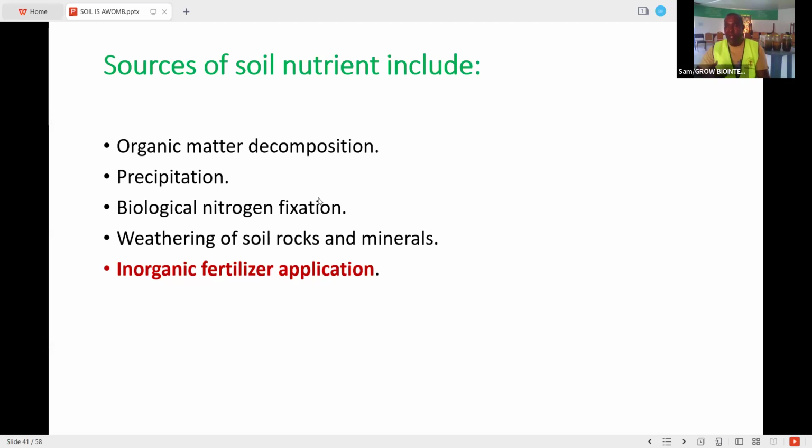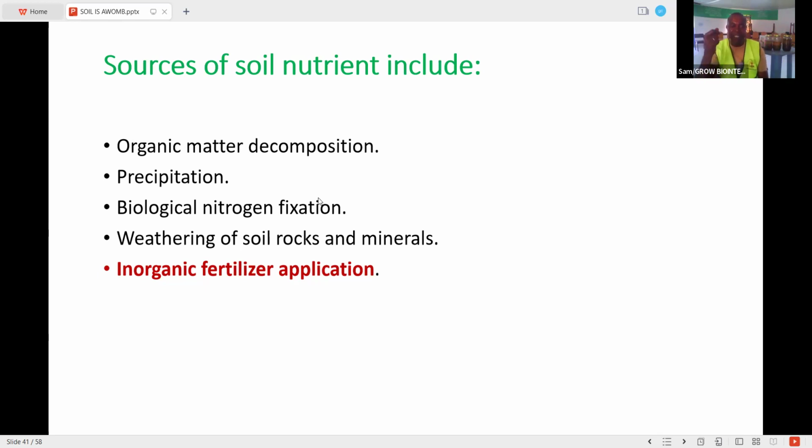Precipitation means rain. When rain comes from the clouds, it meets different types of air in the atmosphere. One of them is nitrogen. And when there's lightning, not thunder, but lightning, and the rain is falling, it splashes nitrogen into the soil. So the rain in itself does not bring nitrogen into the soil.